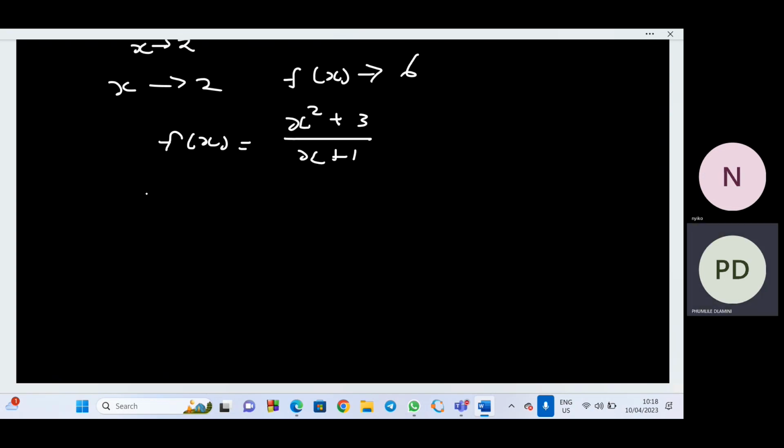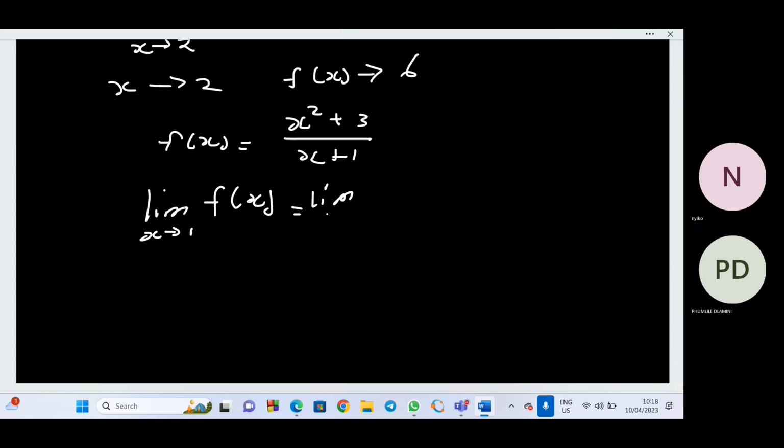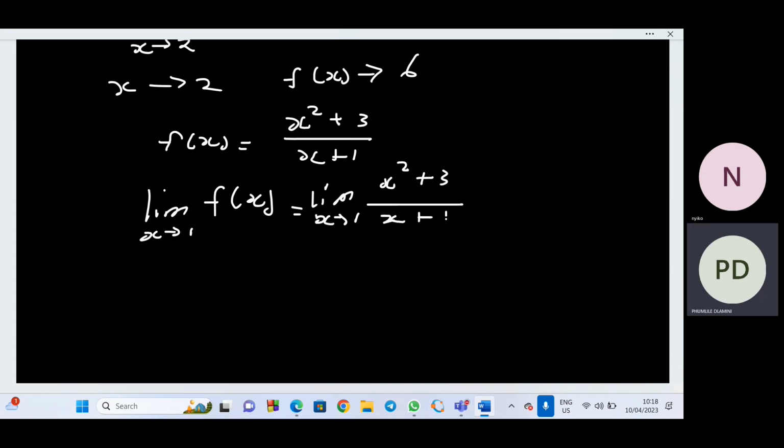Then you're asked to find the limit as x approaches 1 of f of x. So to answer this question, our answer is going to be the limit as x approaches 1 of x squared plus 3 over x plus 1.